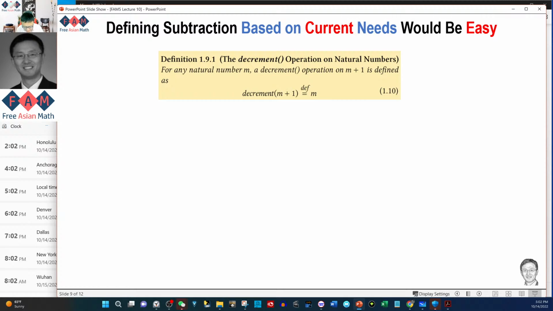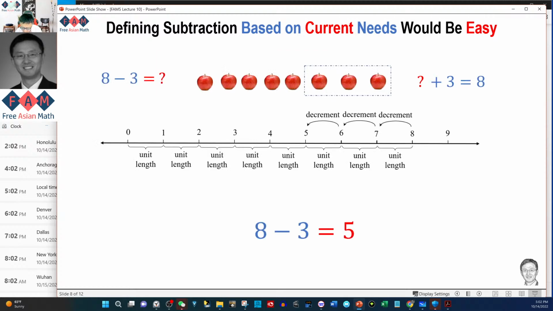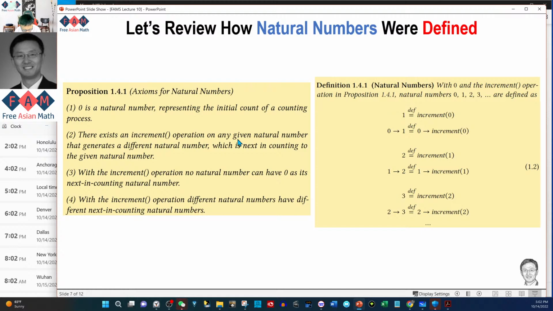Say, given a number m, we define it on m plus 1. This is to prevent the case where we may have a problem if we define through m. If the decrement is on m, what could be the potential problem? We don't know what is decrement on 0. Remember, if we look at how the increment was defined, we start from 0.